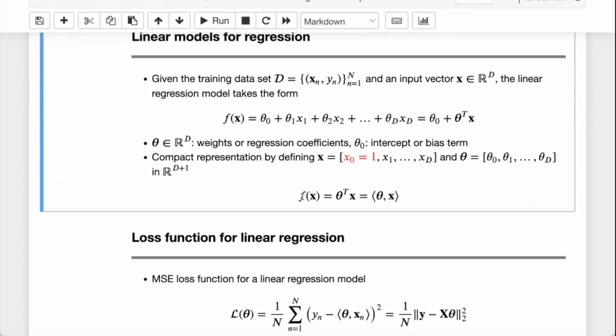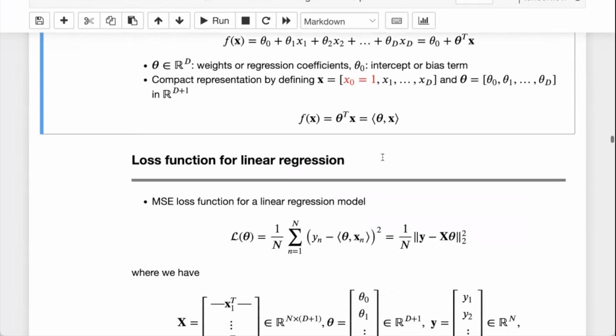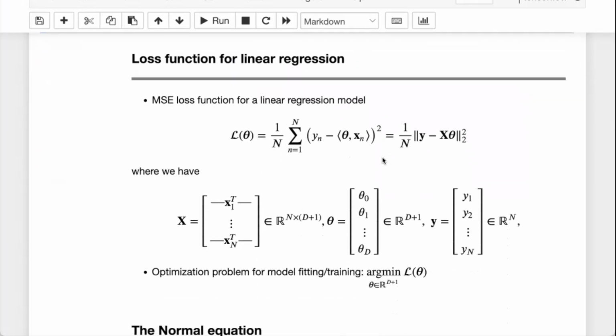Therefore, the predicted value f is simply the dot product between theta and x. The only difference is that we absorb theta 0 into the theta vector, along with that constant 1, so we can always assume we have a feature that always equals 1, and that gives us the intercept. Everything else works the same way.